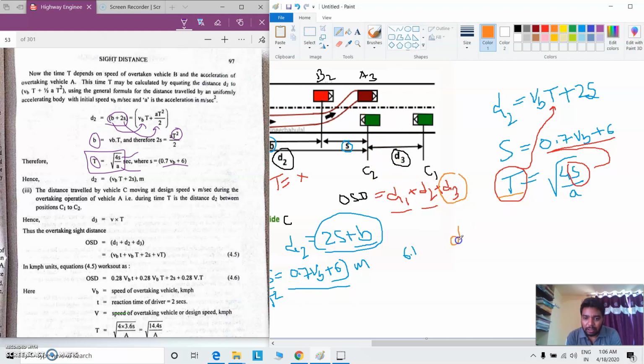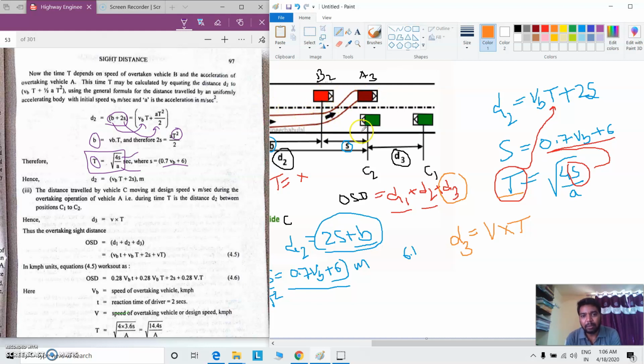So here d3 is considered as v, the design speed, traveling with a particular kilometer per hour by vehicle c with time. The same time is considered for this distance, because in this distance the vehicle a is traveled from position a2 to a3, that will take particular time.